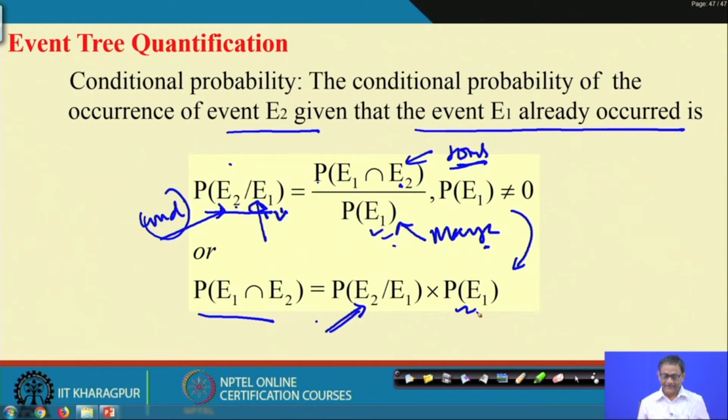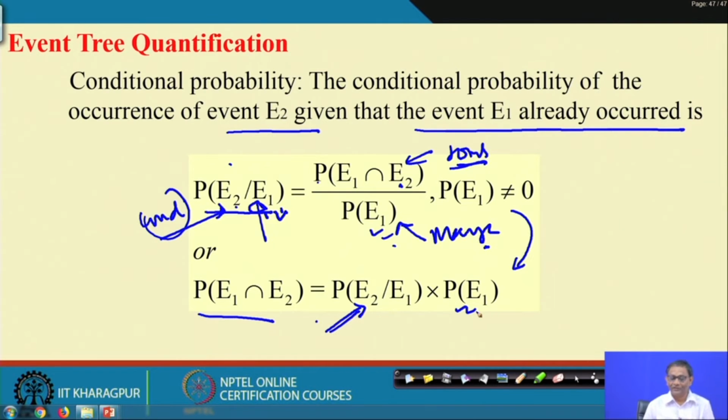Okay. So, what is conditional probability? It is the probability of some event occurring given that another event has already occurred. For example, you are going out, rain has started, you can use an umbrella or not use it.